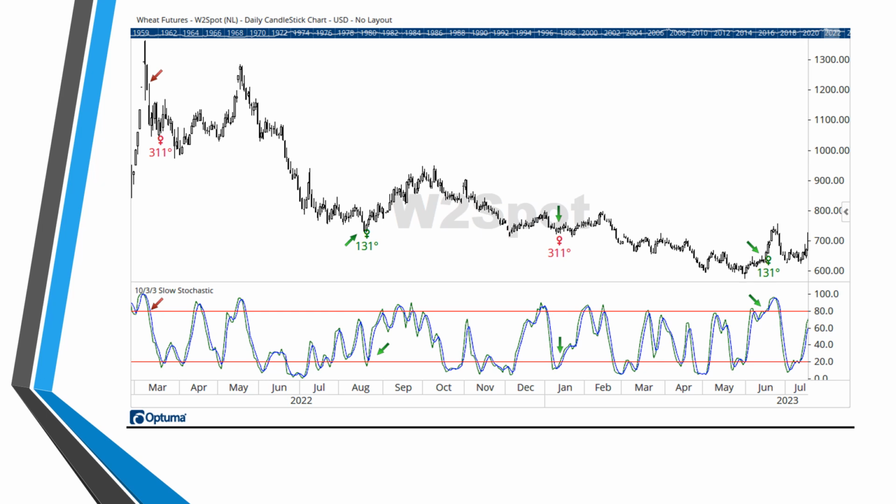And so sure enough, Venus got you in on the trade, and it was a short one. It only lasted 4 or 5 trading sessions, and then it was time for you to take your profits and go. But again, you would have made a significant amount of money on that very short little trade, thanks to Venus, verified by this slow stochastic.